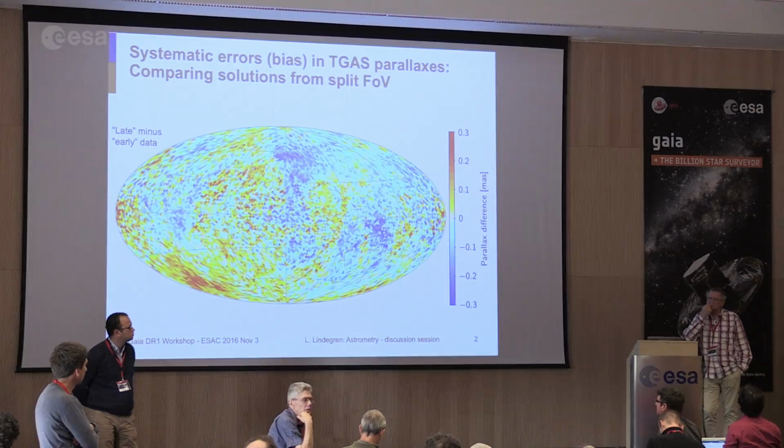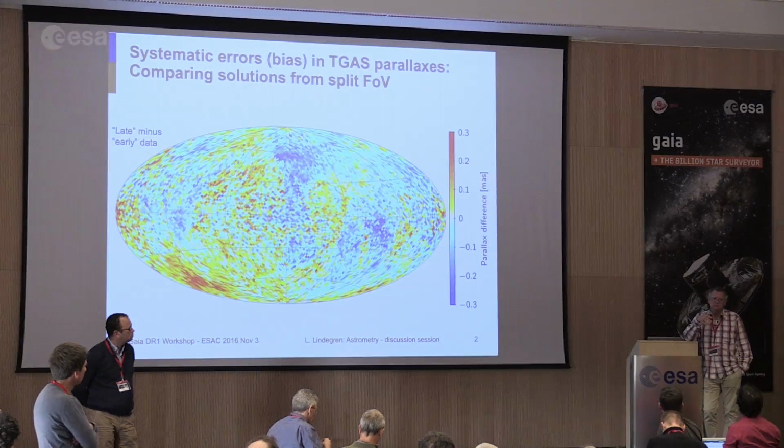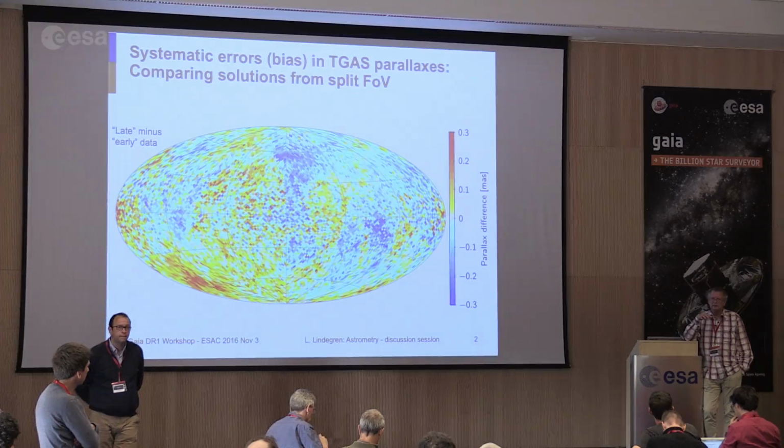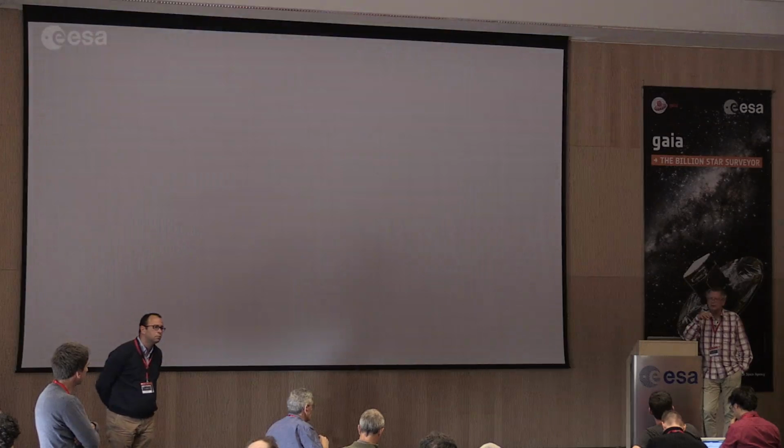I'm not sure I understand completely. The zero point error in Gaia or Hipparcos may depend on many things like magnitude, color, and position on the sky, but I don't think it could depend on the size of the parallax itself.